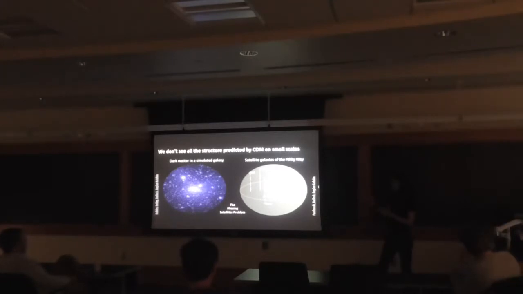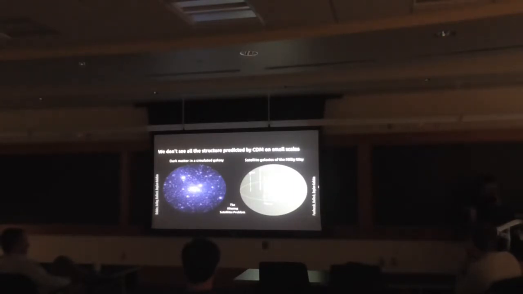But I would say the major change in the picture was when we stopped comparing the luminous satellites around the Milky Way to dark matter clumps in the simulation, and instead modeled luminous satellites in the simulated galaxy as well.